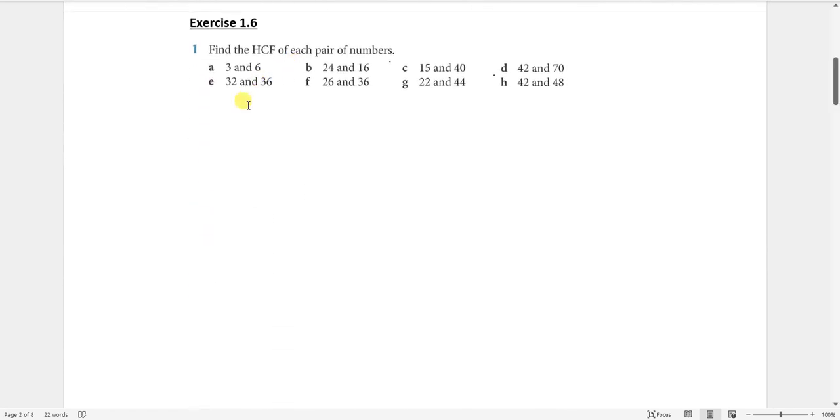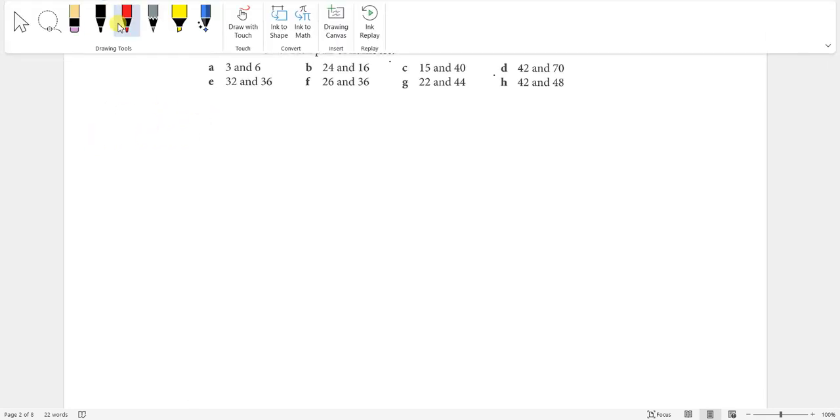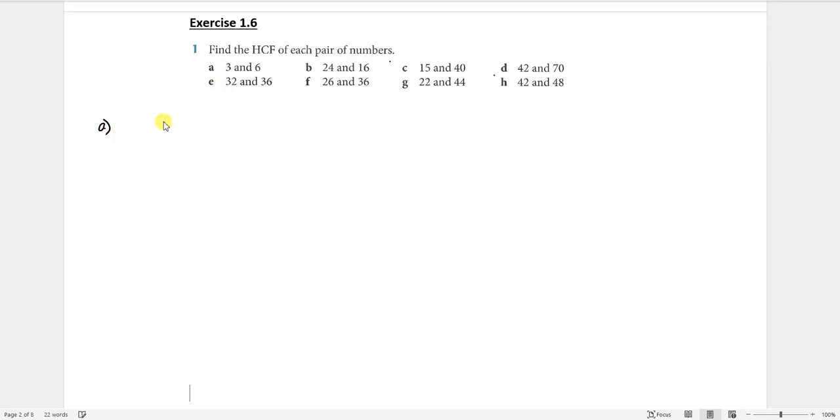Exercise 1.6, question 1. We have 3 and 6. So first we write F of 3.